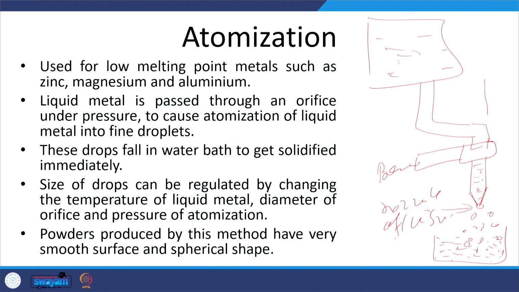This approach is good for low melting point metals, like aluminum, magnesium and zinc. The molten metal is pressurized, and then passed through the nozzle. The nozzle orifice size is controlled. So, the pressure, the size of the nozzle, and the temperature of the molten metal, these three significantly control the size of the powder particles that will be obtained.